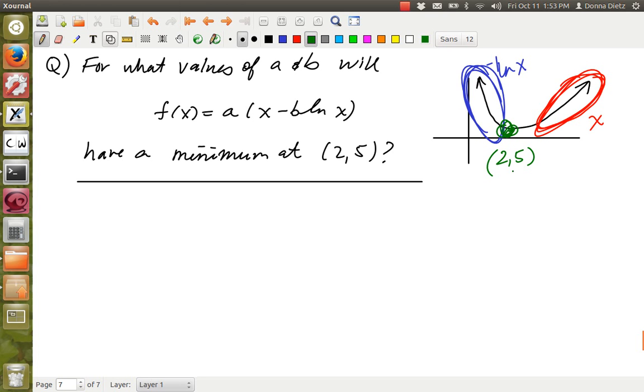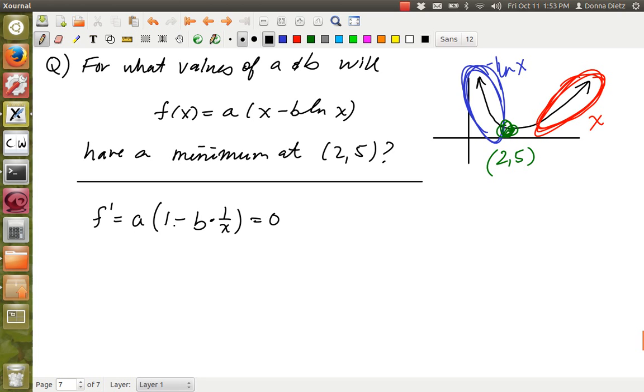All right. So let's go ahead and take the derivative. A is a tag along. Then the derivative of x is 1. B is a tag along. Derivative of natural log is 1 over x. Okay, so f prime is equal to 0 when? Well, a is not equal to 0.